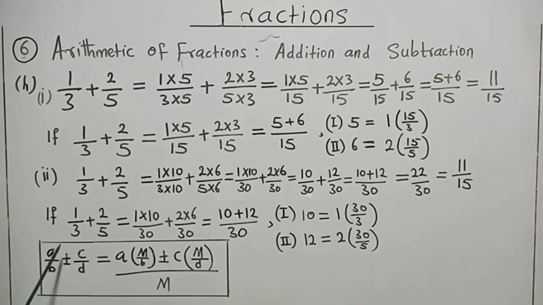First, divide that common multiple by this B. See where B is dividing it.